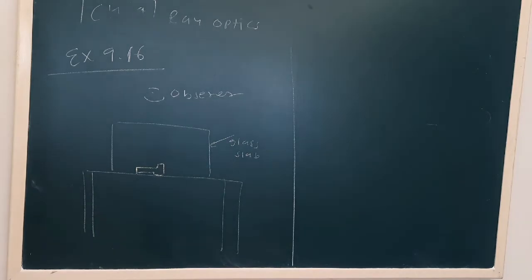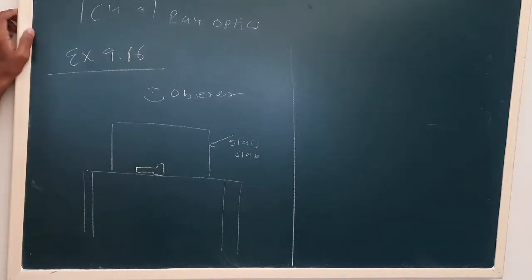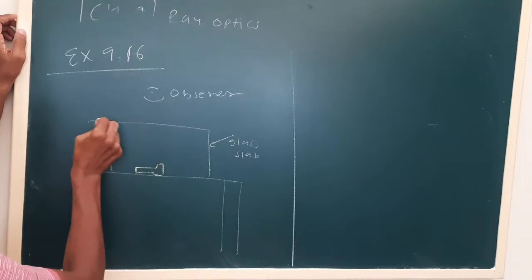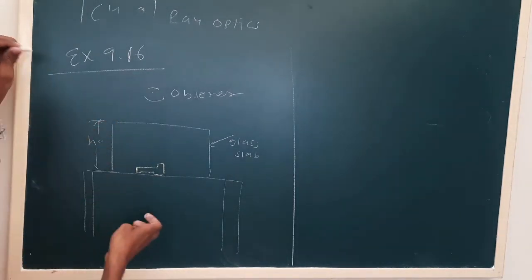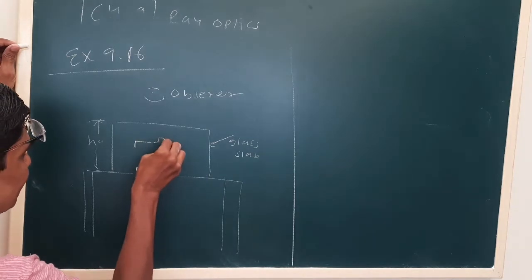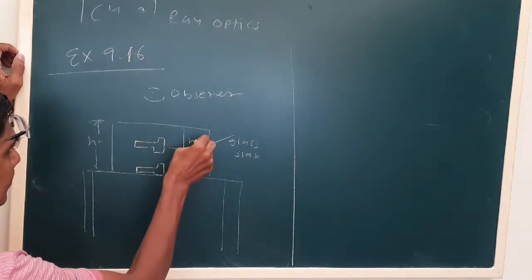Now because of the refraction, the position of the image will be shifted up. Let us say this will be our HO, and the image shifted because of the refraction that we observe here turns out to be HI.